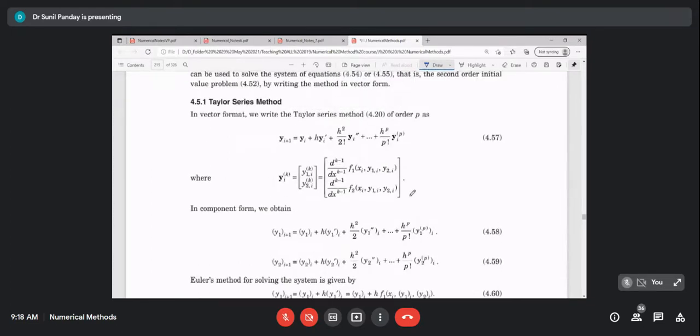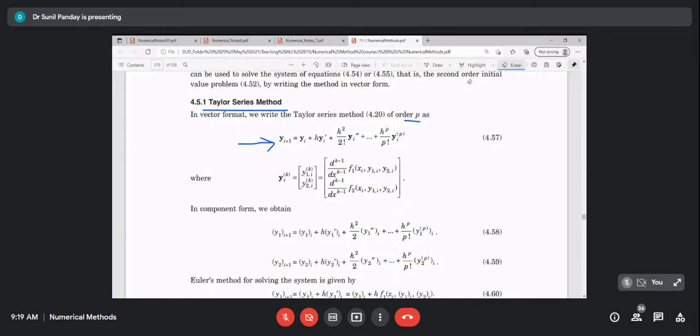So we learned that we use the Taylor series method to solve a system of first order differential equations. Suppose you have this as a Taylor series method of order p.